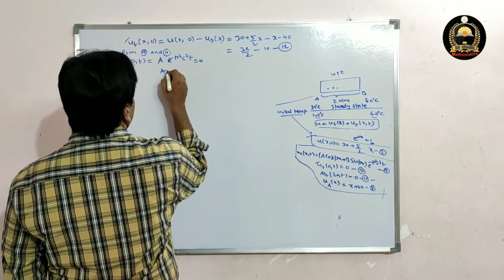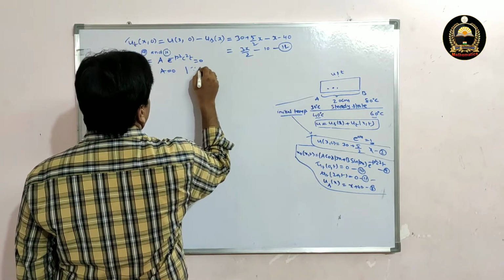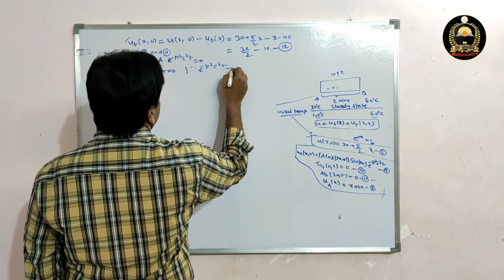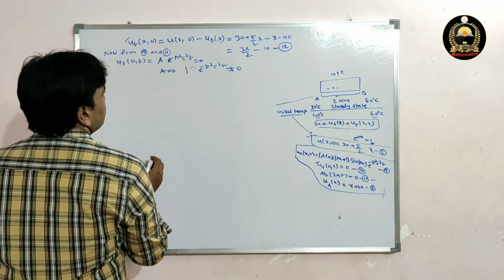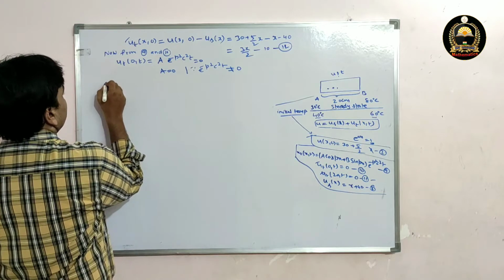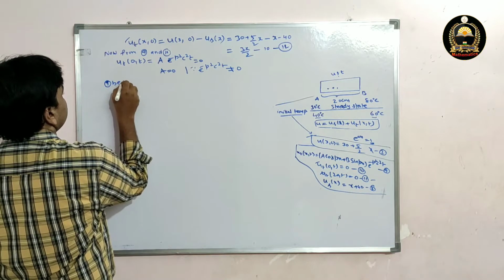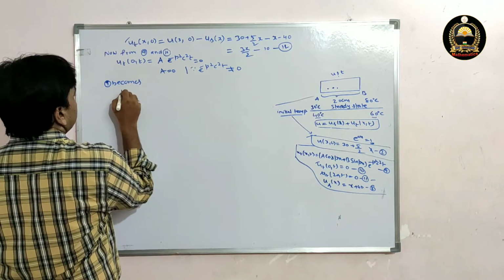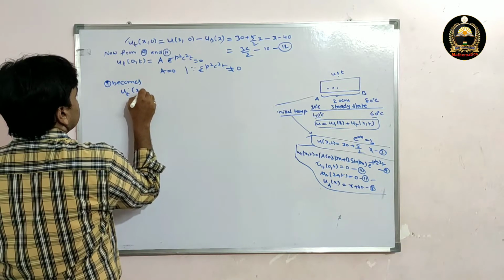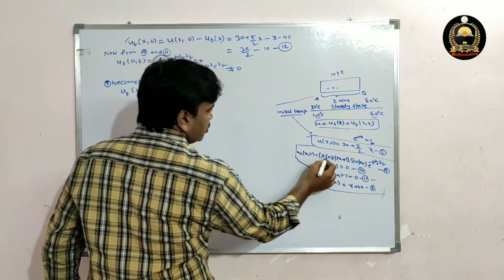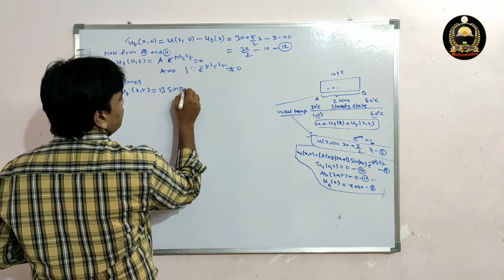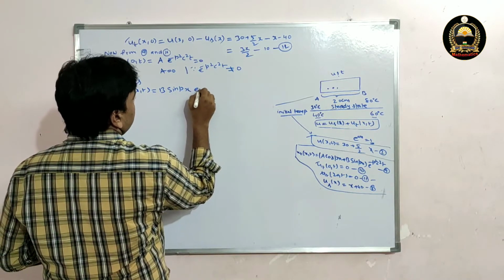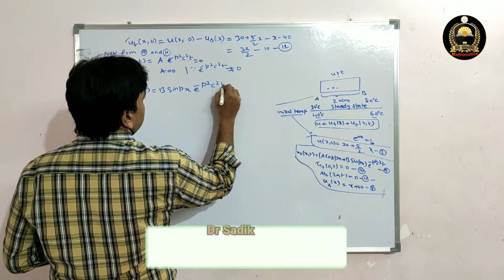Clearly here A is equal to 0, since e power minus p square c square t is not equal to 0. Therefore 9 becomes u_t of x comma t is equal to, A value is 0, so here we get B sin px into e power minus p square c square t.